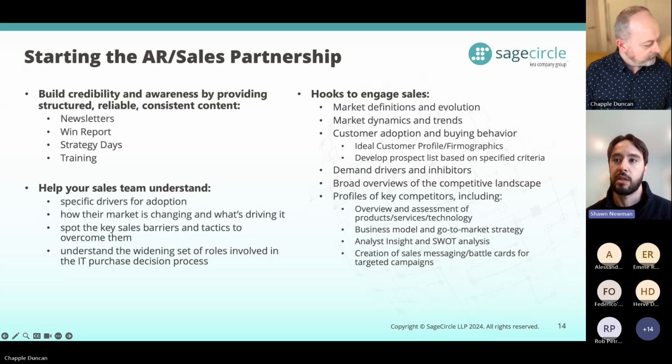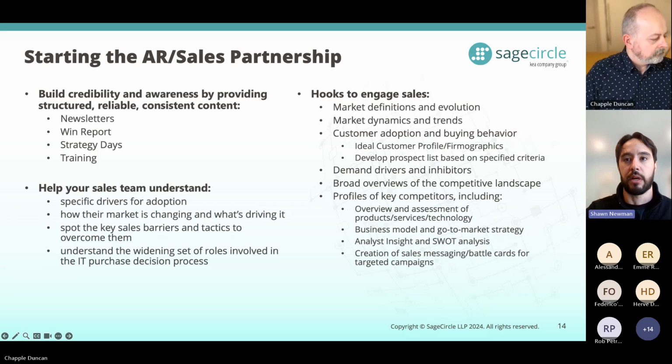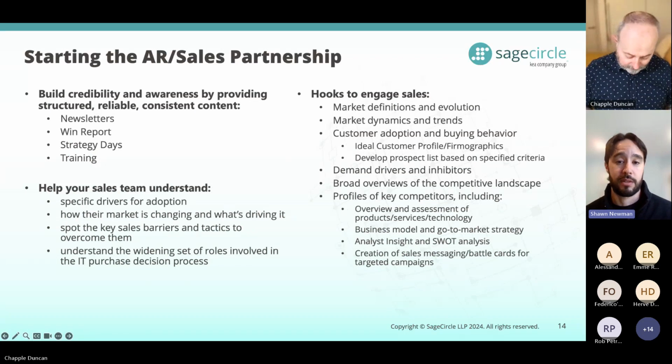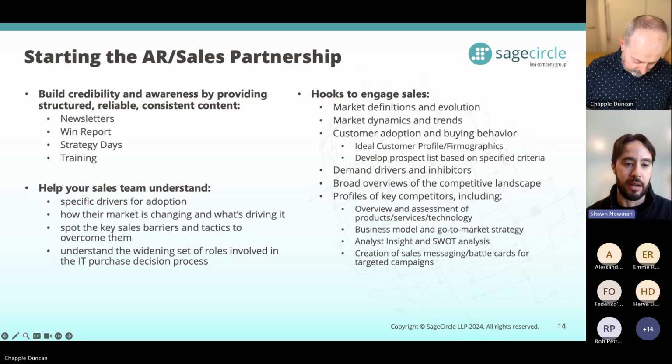All it takes is one sales rep to say, I sent my prospect a magic quadrant and they went with a competitor, and now I don't trust AR anymore because that content made me lose a deal. I think you need to be in front of them all the time, providing them with relevant content, whether it's through a newsletter.